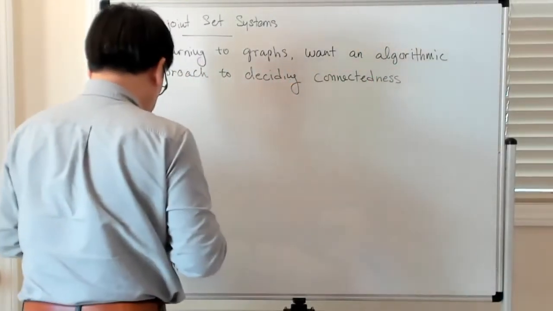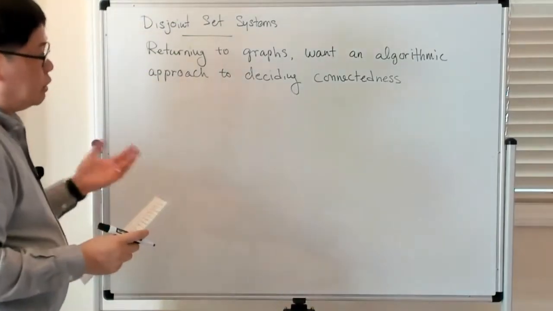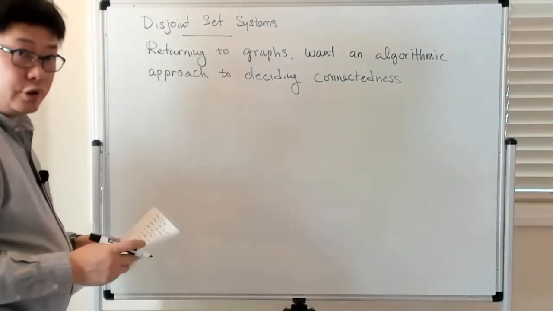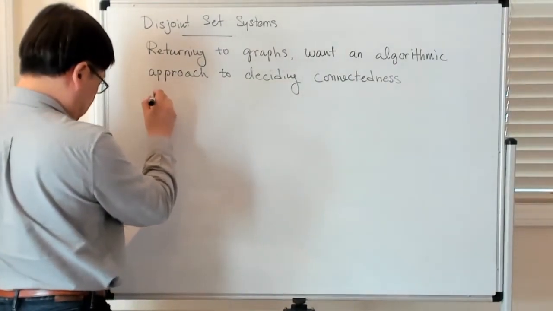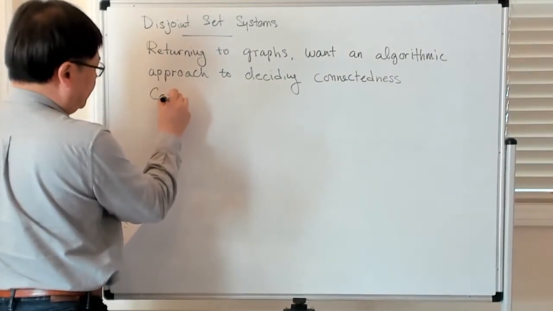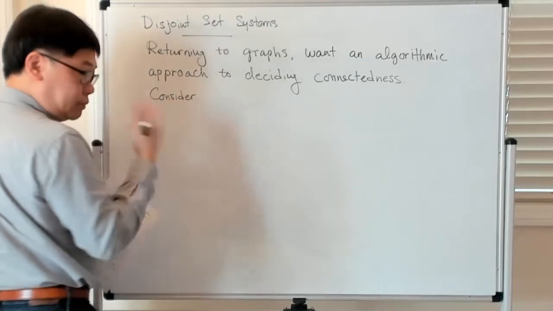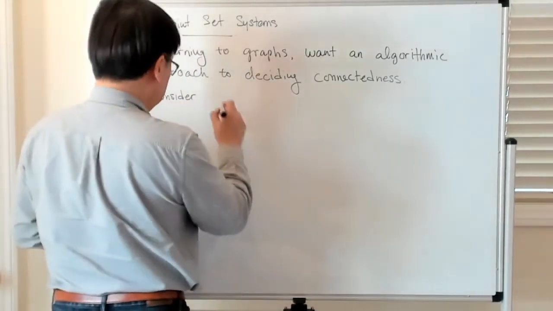Okay. So the way we're going to do this is to consider an approach which is based on maintaining a disjoint set system. Right. So I'm going to consider, and there are of course many ways of doing this, so I'm just describing one possibility.